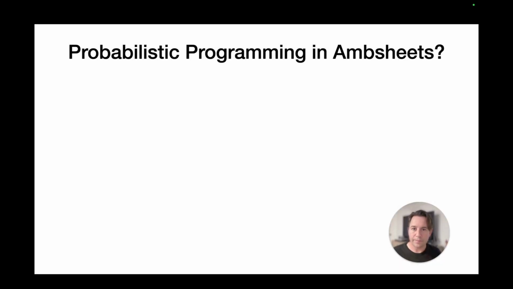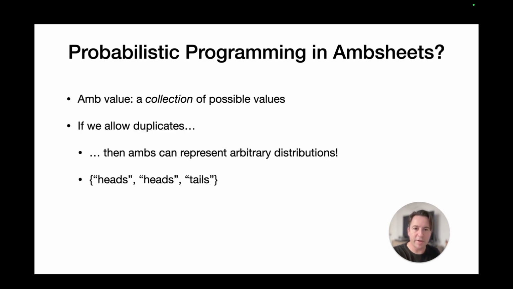On that note, you can think of an AM value as a collection of possible values. So far, we haven't had any duplicates, but if we were to allow duplicates, then we could represent arbitrary distributions. For example, the amb literal heads, heads, tails represents a loaded coin in which heads is twice as likely as tails.